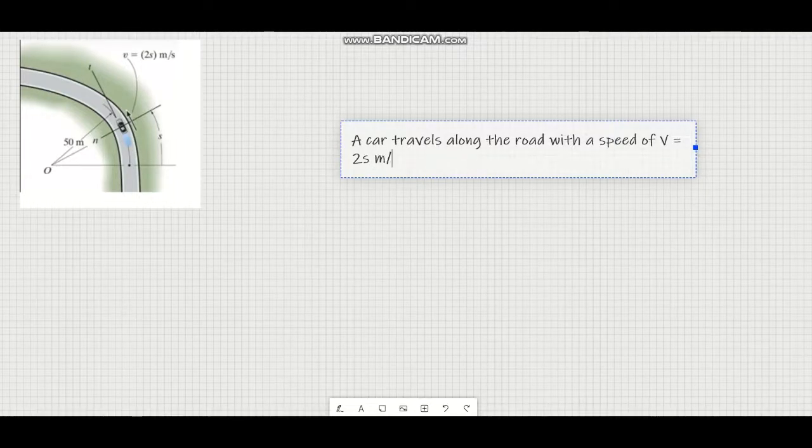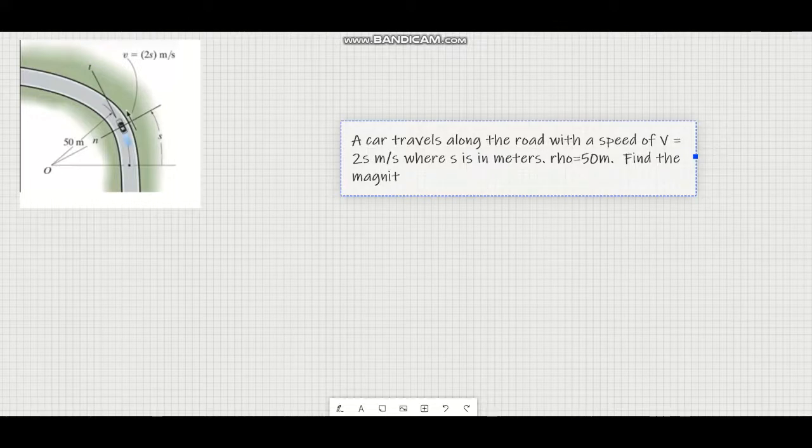So it's going to be meter per second, where s is in meters and rho, which is the radius of curvature, is 50 meters here. All right, and what is it asking? Find the magnitude of the car's acceleration at s equal to 10 meters.